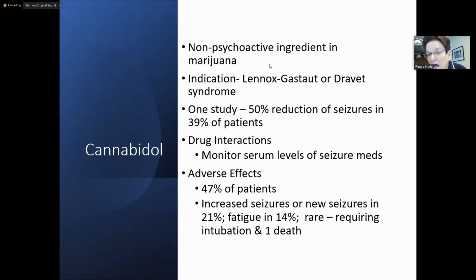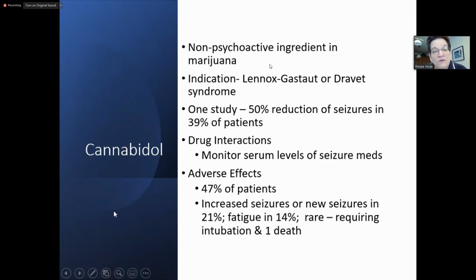But cannabidiol is one of the medications that you may see, particularly for Lennox-Gastaut or Dravet syndrome. It is not approved for any other type of seizure, regardless of which state.